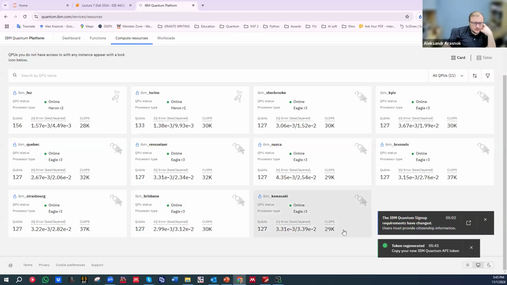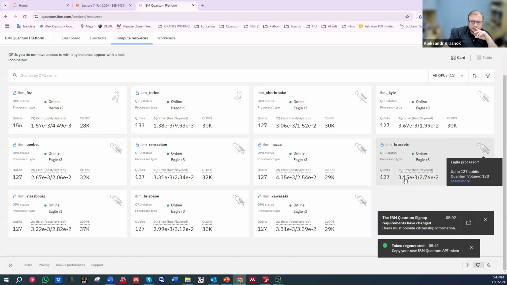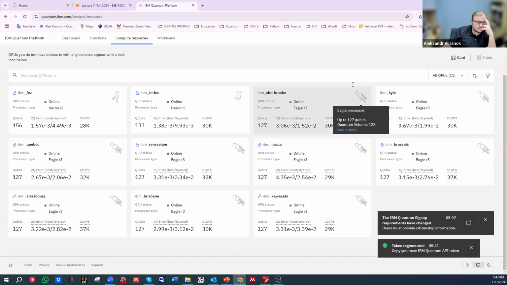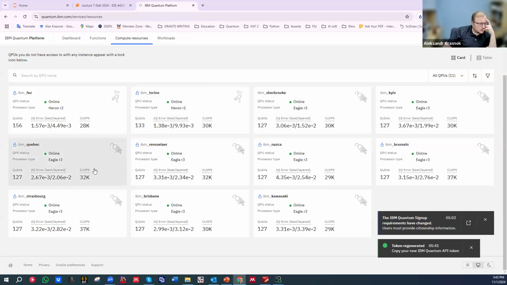Just recently, they also had computers with maybe 10 or 6 qubits for education, but now it seems they use only computers with more than 100 qubits. Anyway, these are available, which is indicated by the green online status. Some of them are available to you, but not all of them.